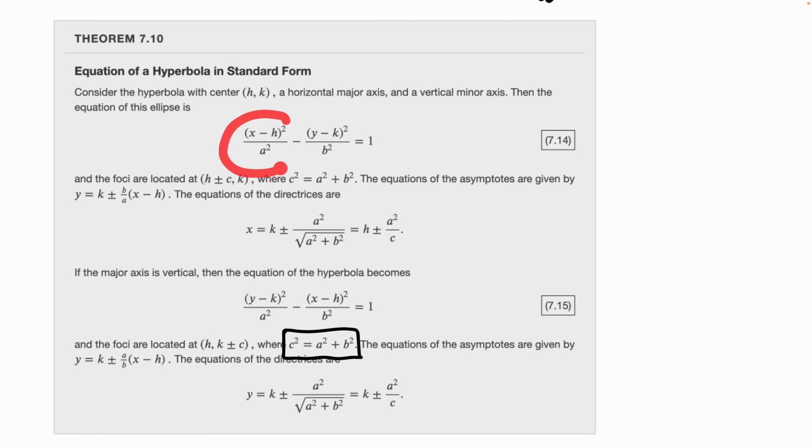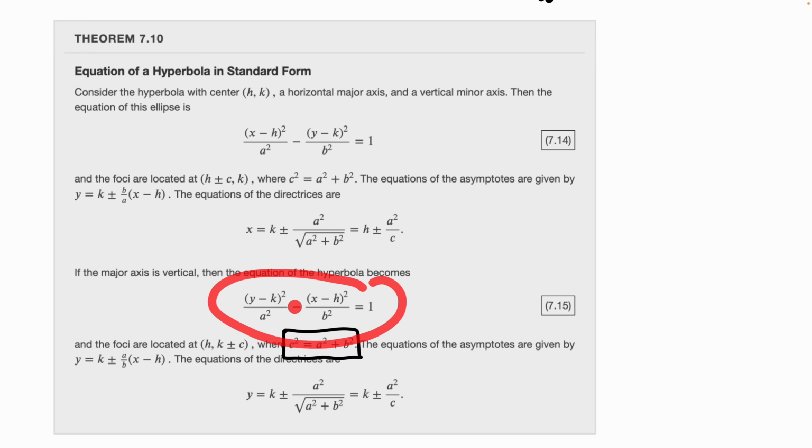Then the first term, where the minus does not appear, will always have a denominator a, given in a squared. So once again, you simply have to look at the variable appearing in the numerator, and if that variable is x, then the transverse axis will be horizontal.